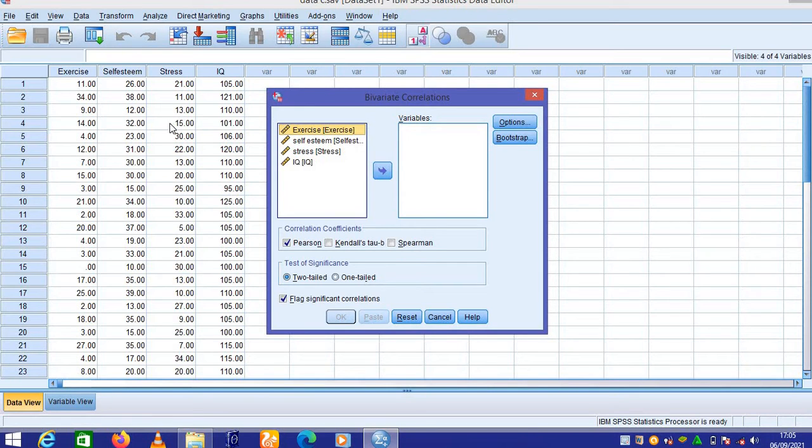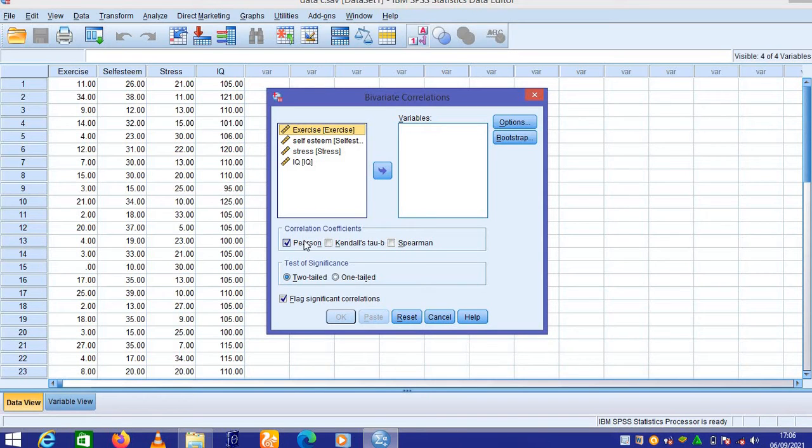If the two variables are normally distributed, go for Pearson correlation. If the two are not normally distributed, go for Spearman correlation. If one is normally distributed and one is not, it is more favorable to run the non-parametric analysis, which is Spearman's correlation.